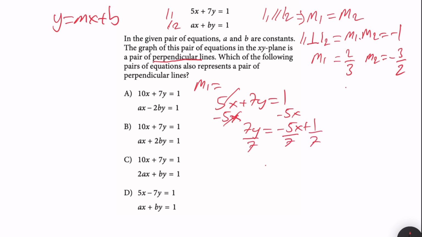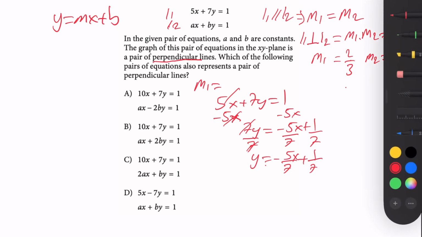And y will be equal to -5 over 7 x plus 1 over 7. We forgot x, so let's add that x. So our slope is -5 over 7 for m1. So what do we expect for the slope m2?